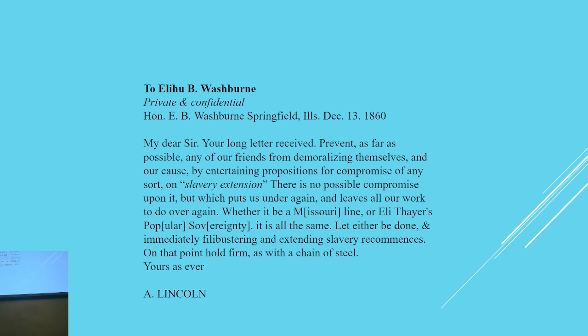Whether it be a Missouri line, that is the north-south slavery line, or Eli Thayer's popular sovereignty, let the territories decide whether they are free or slave, it is all the same. Let either be done, and immediately filibustering and extending slavery recommences. What's filibustering? Filibustering is what's happened in Mexico, in Texas, right? Filibustering is what's planned in Nicaragua, in fact.